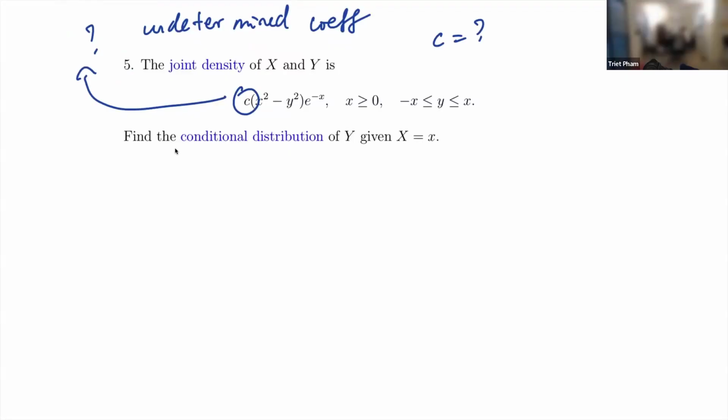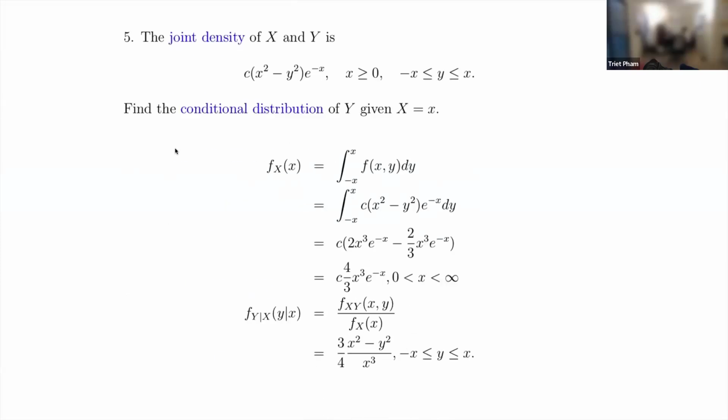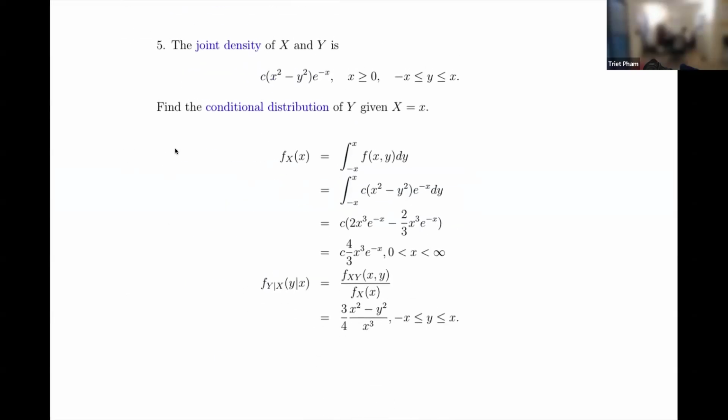If you work with conditional density, then you can tolerate working with a joint PDF without even determining what the integrating constant is, because it will cancel out in the ratio. Okay, so that's the only message that's worth saying about this problem. The rest are just calculation. Notice the C cancels out.